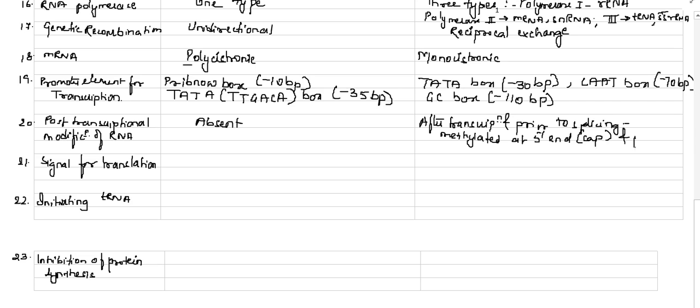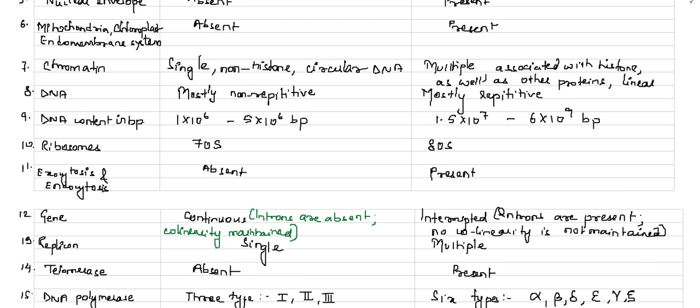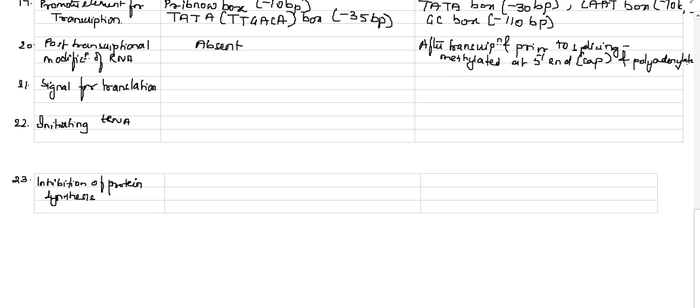Polyadenylated means several A residues will be added at the 3' end, which is known as the tail. So this is the post-transcriptional modification of RNA.